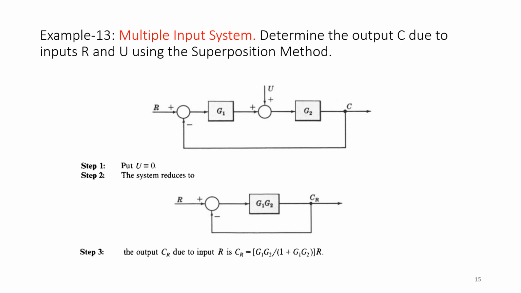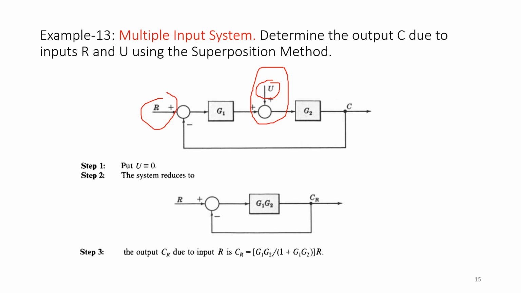Now coming to a system with multiple inputs. You need to find out the transfer function and the output C due to the input R and input U. There are two inputs given to us, U and R. When finding the response for the input R, you need to take your input U as equal to 0, and once this becomes 0, you can reduce your system directly. You remove this, and these two get directly connected, so it can be taken as G1 G2 and you have a feedback loop.